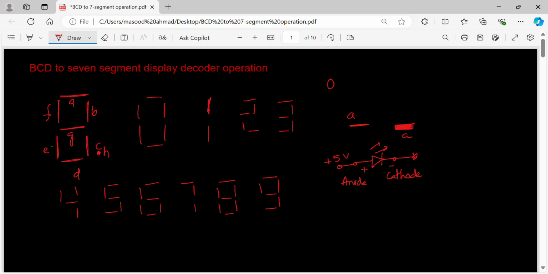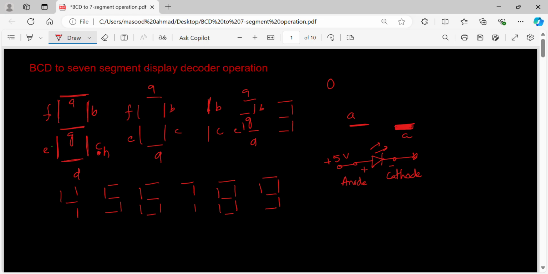So we try to see what exactly the inputs are that we are supposed to give in order to make 1. It has to present 1. If you look at the segments, this is A, B, C, D, E, F. This is B and C. Similarly, this is A, B, then D, E, then G. Likewise, for each one, which has to glow?